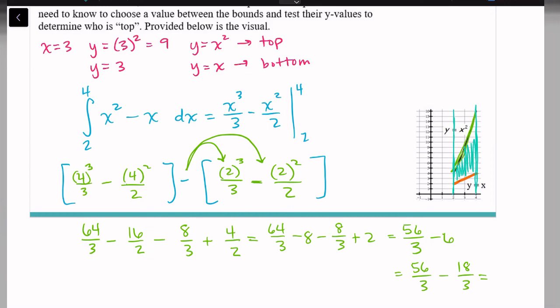And then when I do 56 minus 18, I'm going to get 38 over 3. If you were to check this in your calculator, you would come out with 12.667. So 38 over 3 or 12.667 is our final answer.